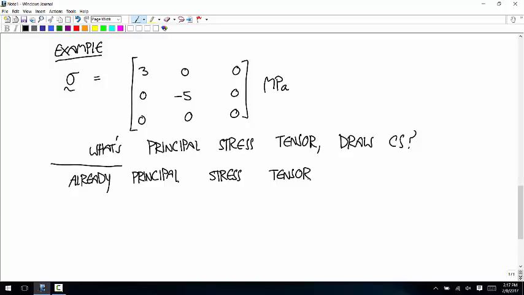Well, if you think about what that traction calculation does, that's exactly what we're specifying: we're looking for a stress tensor where all we have are diagonal elements. If you go back to that definition equation, that's what it says, in kind of a roundabout way. So in this one, we should get lambda equal to 3, -5, and 0.